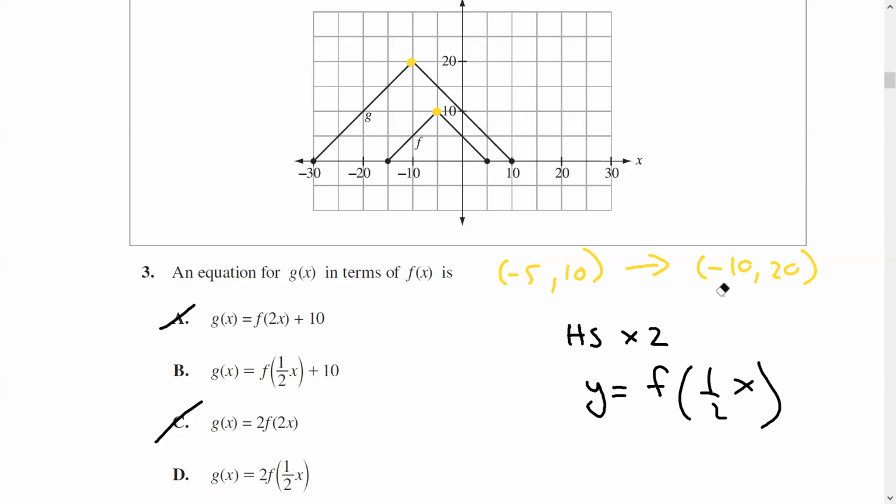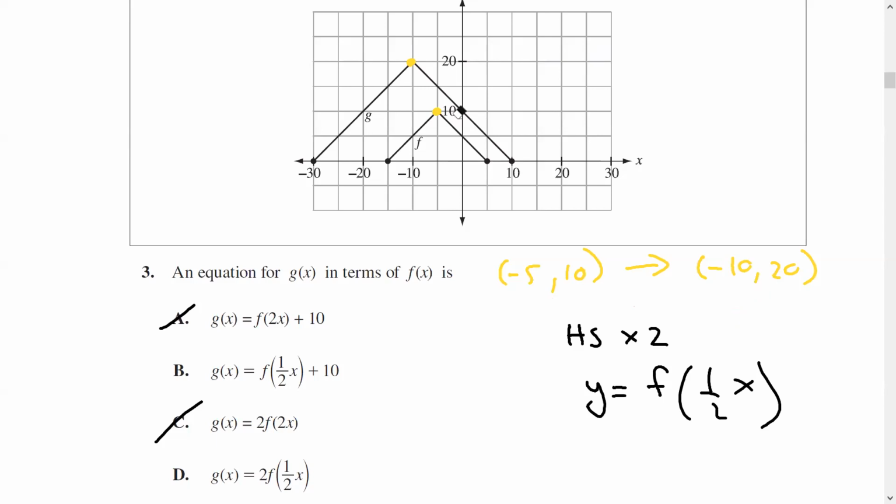Did I vertically stretch it, or did I vertically translate it? I went from here to here. I could have added 10, or I could have multiplied by 2. So this point's not going to be helpful for figuring that out because both work. There's only going to be one right answer. There's never more than one right answer on my diploma.